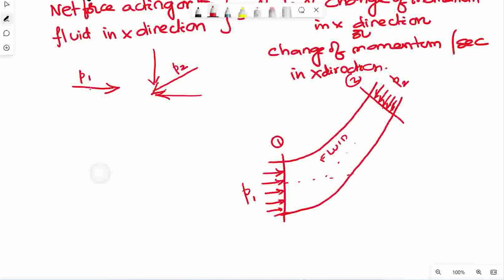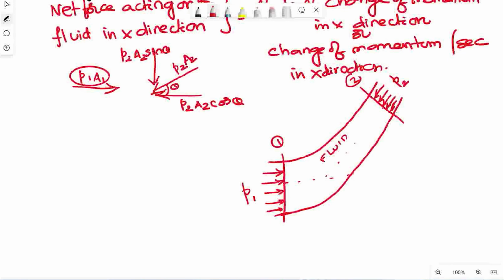If P1 is the pressure, the area is A1, so force P1A1 is acting in x direction, whereas force P2A2 is acting in the inclined direction. Its components: in x direction it is P2A2 cos theta, and in y direction it is P2A2 sin theta. This is first.